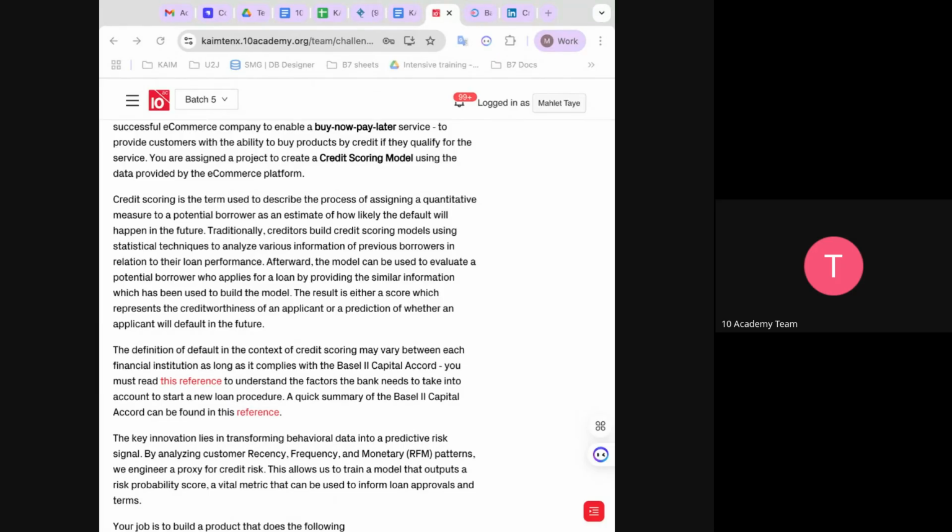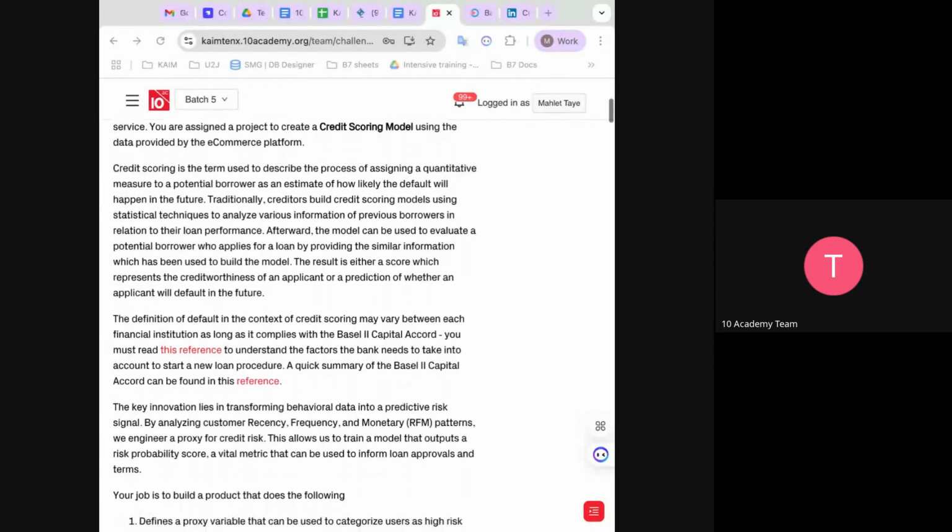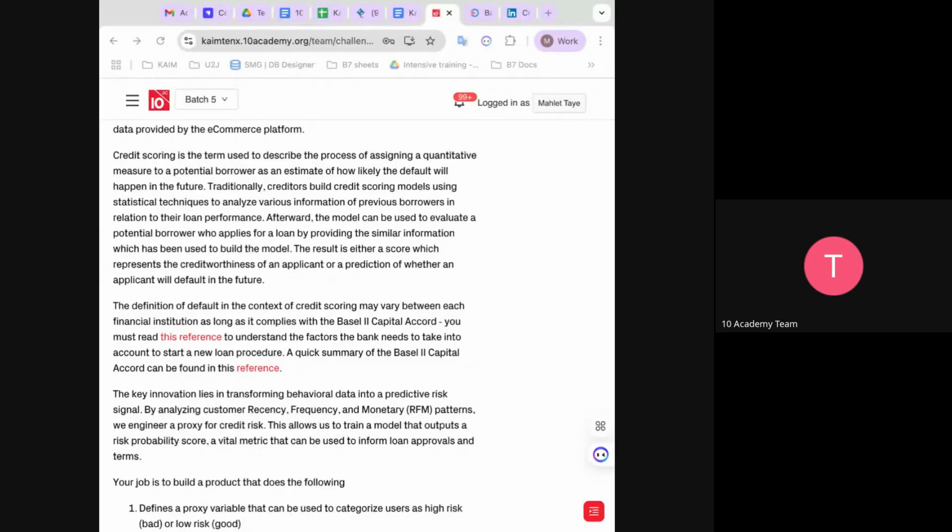That means analyzing the customer's recency, frequency, and monetary value spent in this e-commerce company, seeing the patterns from that, and engineering the probability of risk. So for Bati Bank, you have to train a model that can give a risk probability score, which can say this person is high risk or this person is low risk.